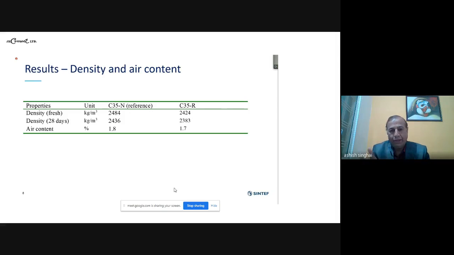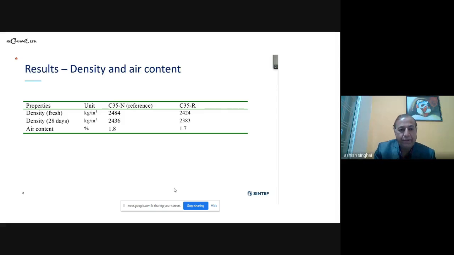On the right-hand side, you can see C35R. R means the concrete made using cement in the same quantity, but the coarse aggregate and fine aggregate have been replaced from natural coarse aggregates and sand. In C35R, as you can see, with the same amount of cement, the density is almost the same.